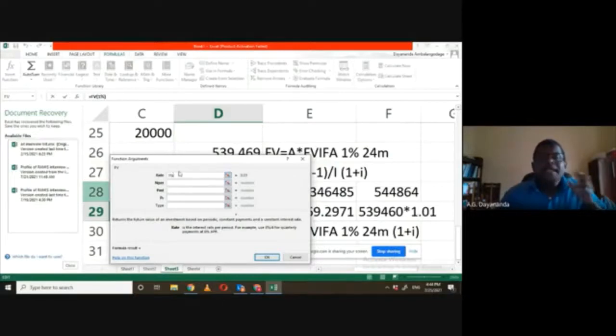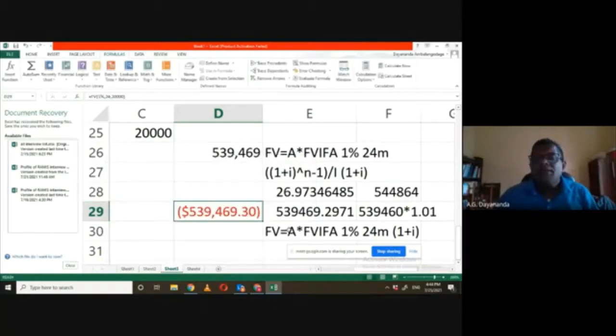You have to enter it as a percentage, but you will get it here in decimal form. 24, payment is 20,000. If you don't put anything in the type, the formula will take it as annuity general.